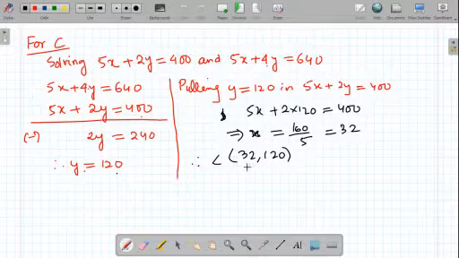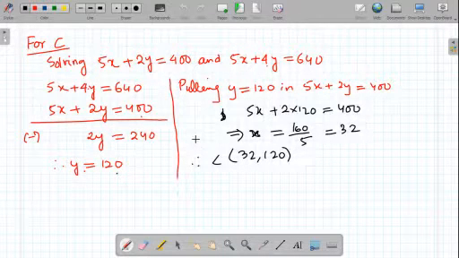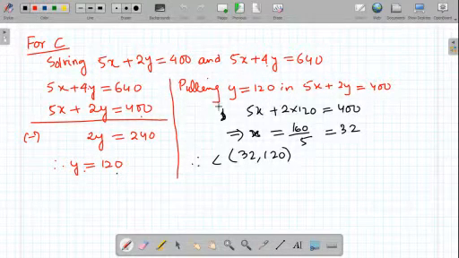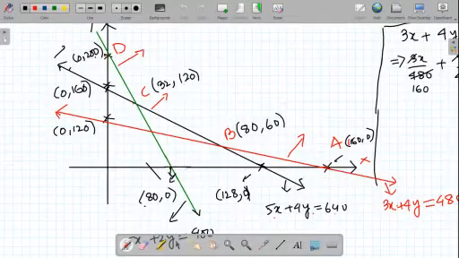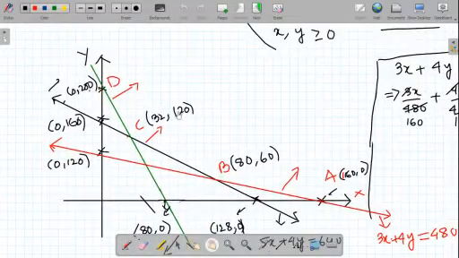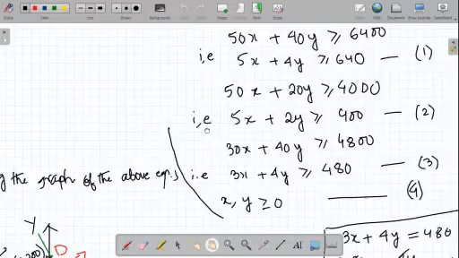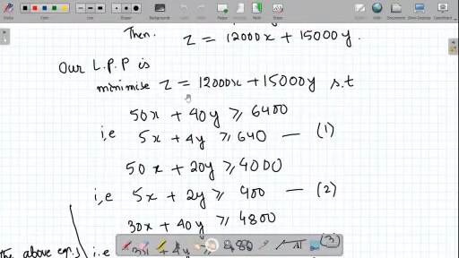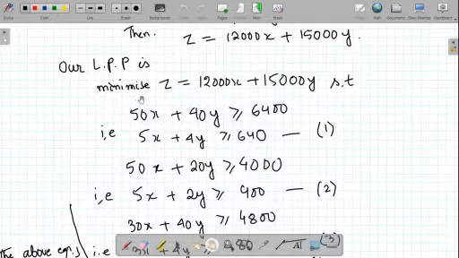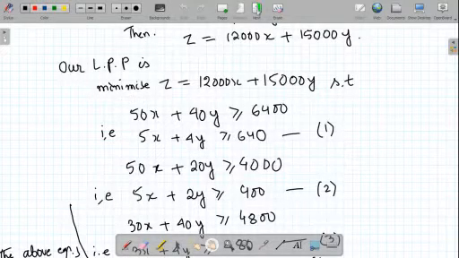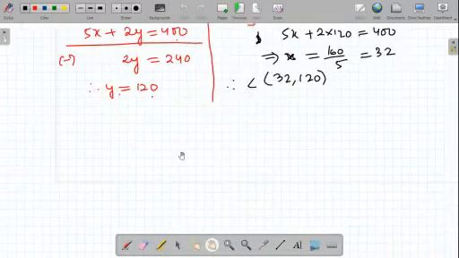Now after that, all we have to look at is here. Lastly we have to look at this value of Z, 12,000x plus 15,000y, and what we have to do is minimize.